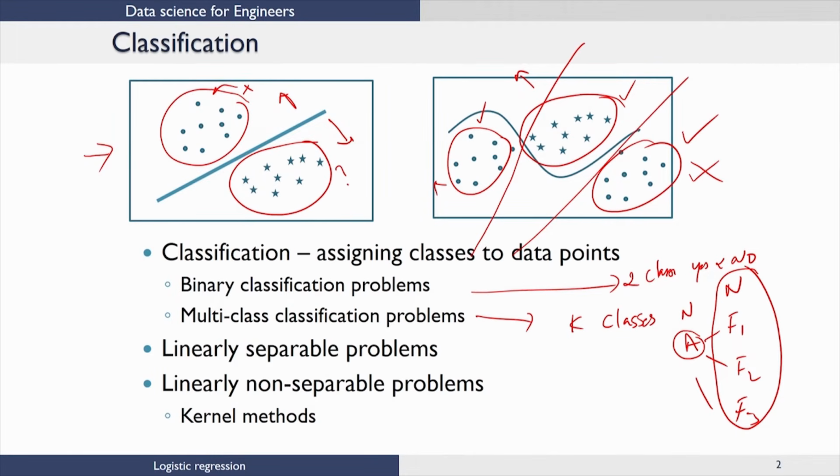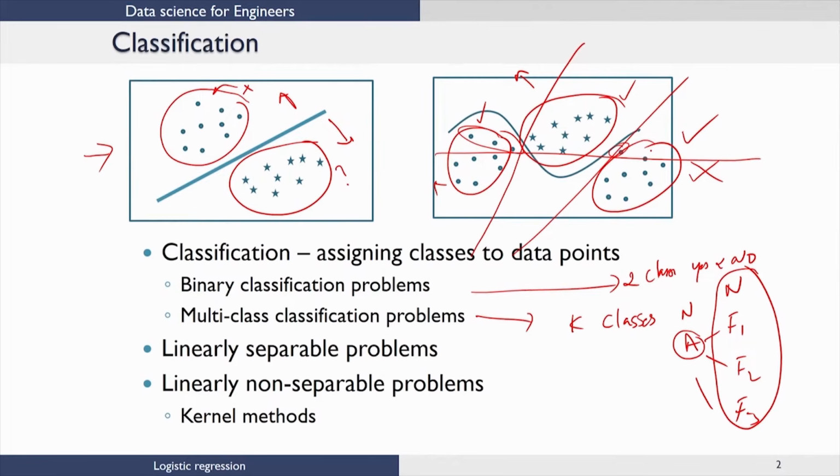So, whatever you do, if you try to come up with something like this, then these are points that would be misclassified. So, there is no way in which I can simply generate a hyperplane that would classify this data into 2 regions. However, this does not mean this is not a solvable problem. It only means that this problem is not linearly separable, or what I have called here as linearly non-separable problems.